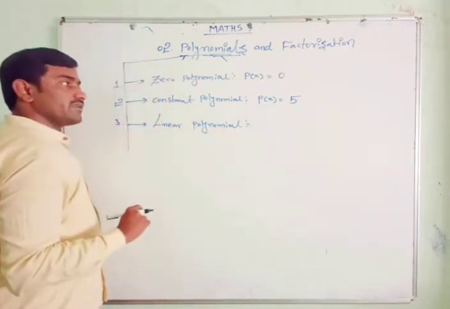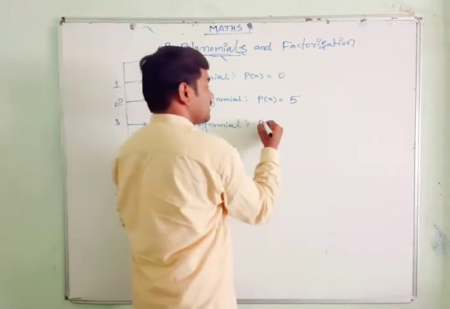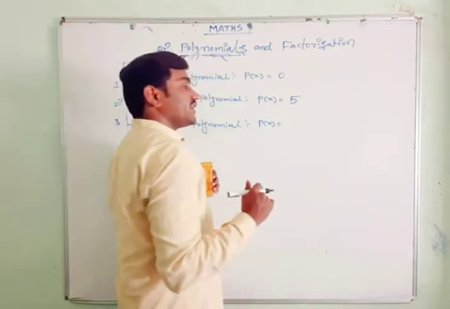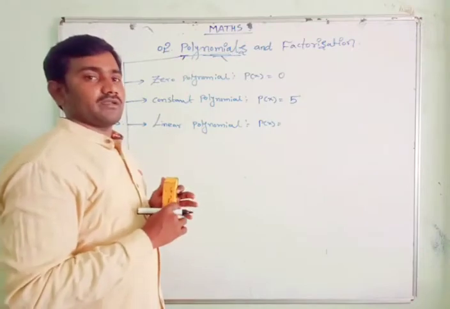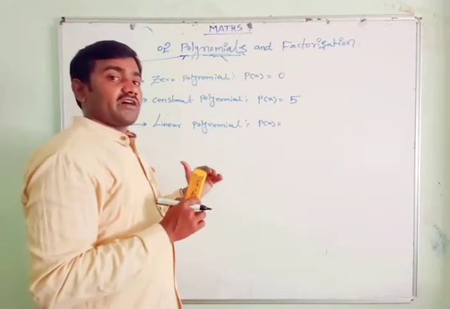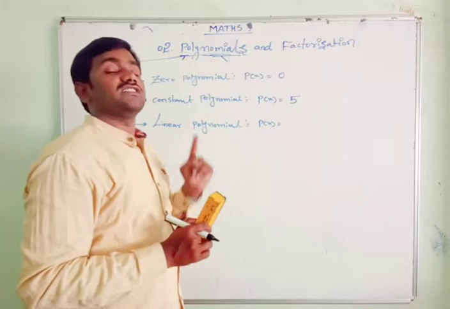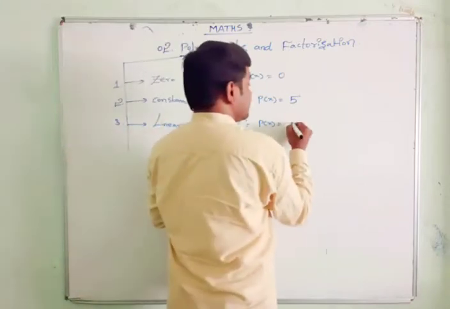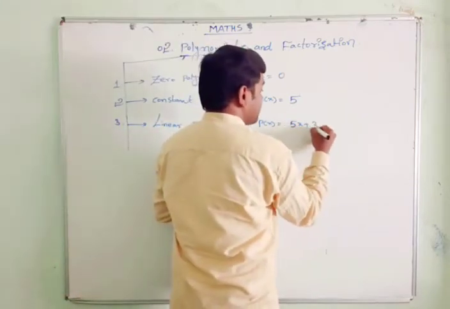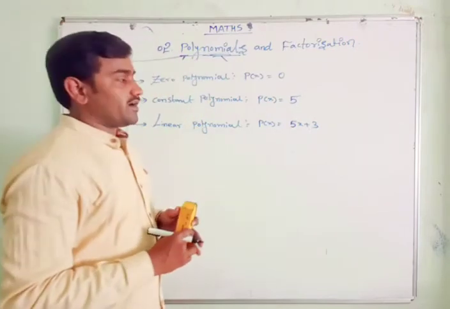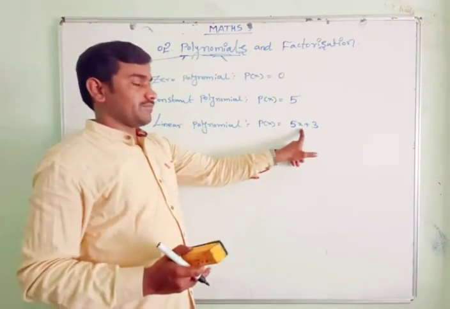Linear polynomial. If in an algebraic expression the power of the variable is 1, it is known as a linear polynomial. Suppose 5x plus 3. It is a linear polynomial. See, 5x plus 3.